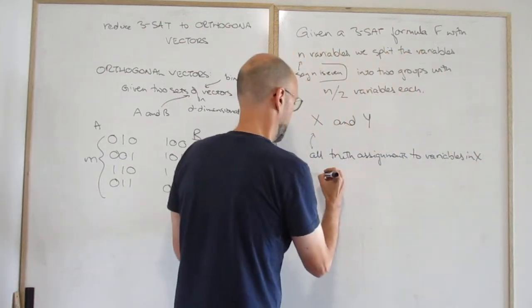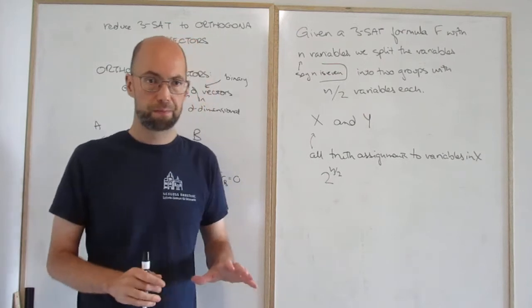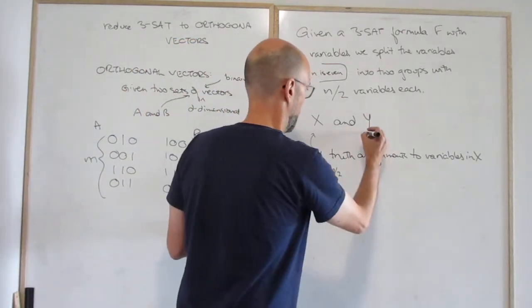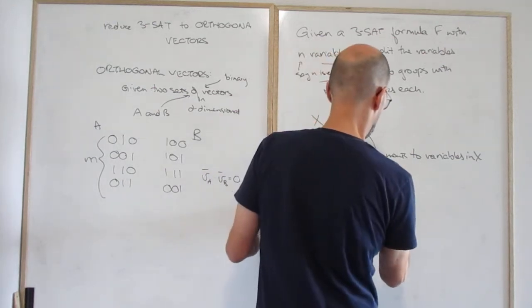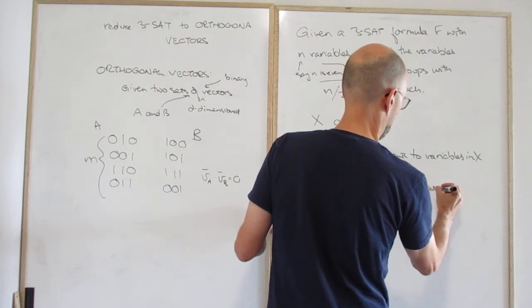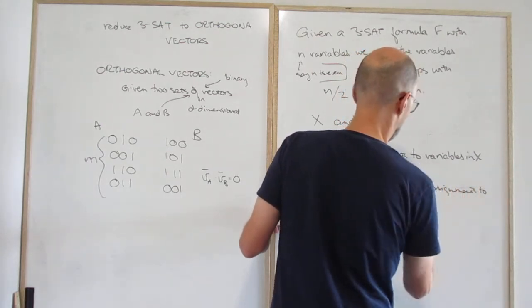So how many are there? 2 to the n over 2, right? And the same thing for Y: all the truth assignments to variables in Y.